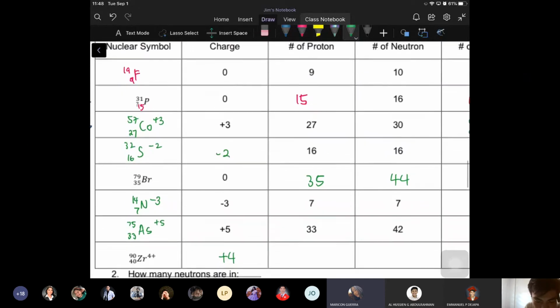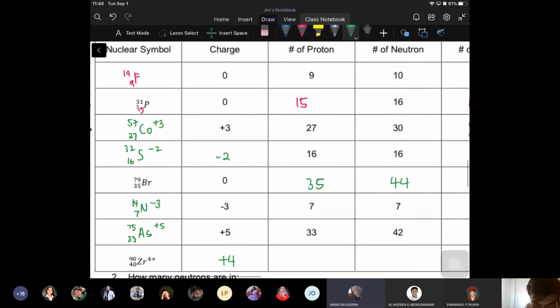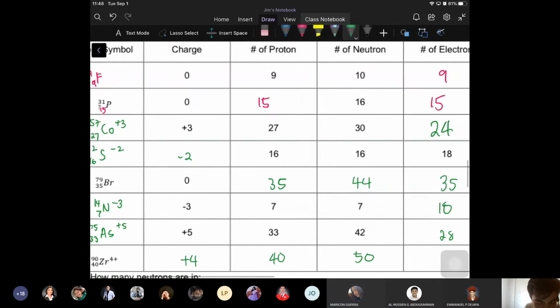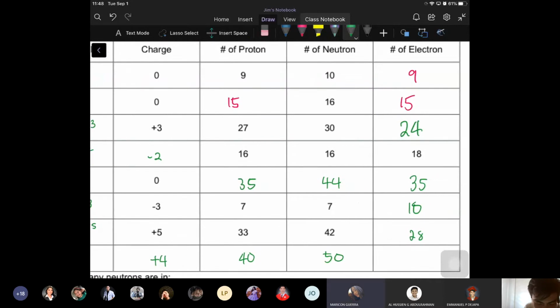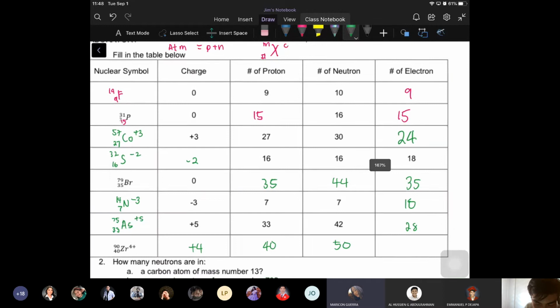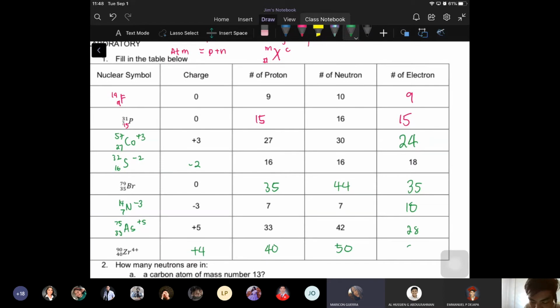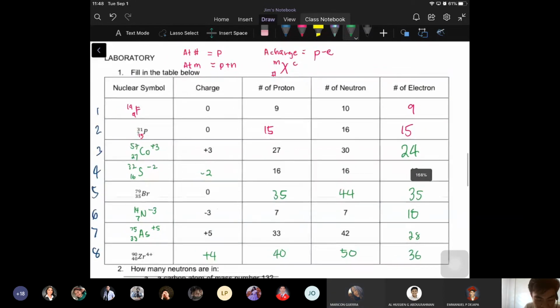Then proton 40, and neutron 50. Then electrons, 36, sorry. Very good.